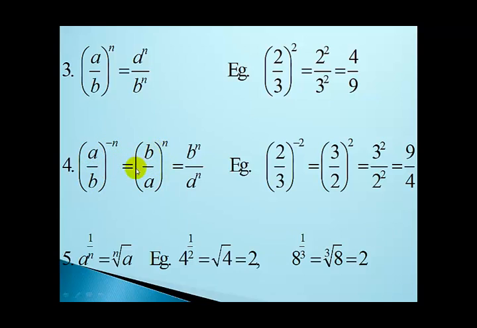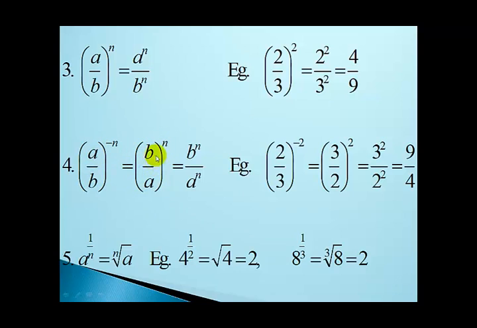Now you can see that the numerator becomes the denominator and the denominator becomes the numerator. And when that happens, the negative exponent changes to positive exponent. That is, the b goes up and the a comes down, and as soon as that happens, the negative exponent must change to positive exponent.